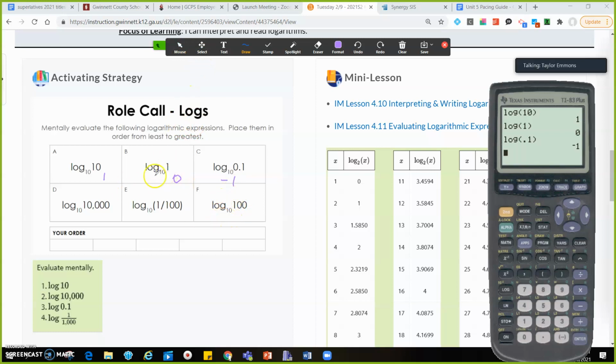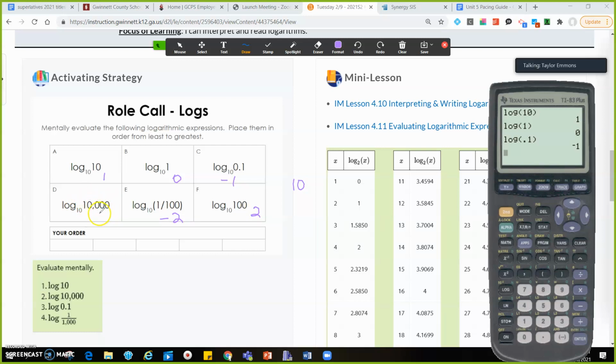If log of 1 is 0, log of 10 is 1, what do you think log of 100 is going to be? What do I have to raise 10 to get 100? 2, right? What do I have to raise 10 to get 1 over 100? Negative 2. What do I have to raise 10 to get 10,000? 1, 2, 3, 4.